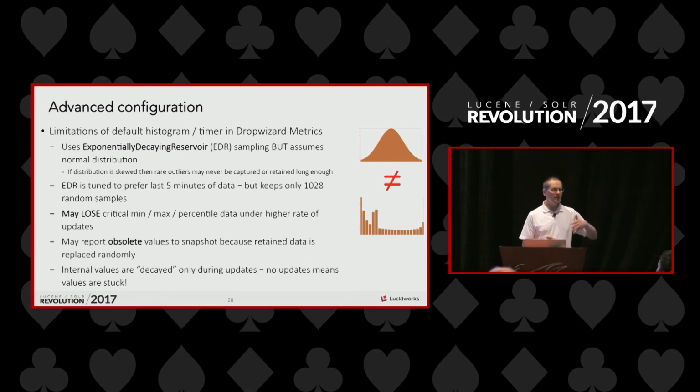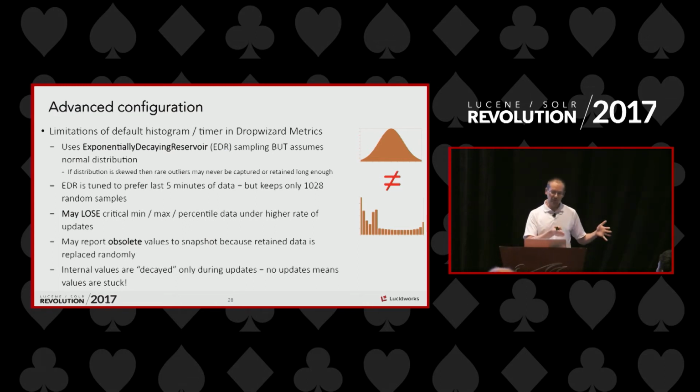And if the update rate is high, but the period at which you take snapshots of this histogram is much longer, then it stands to reason that some of these values have been already replaced by the time you took this snapshot, right? So this type of histogram implementation may lose critical outlier information. So you should be aware of that when you're facing the high rate of updates.